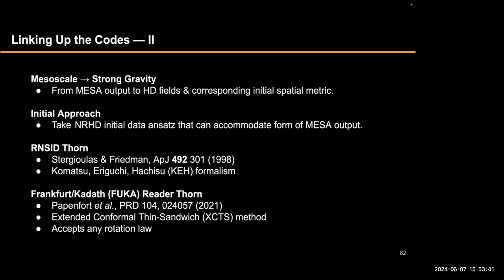It's also far more modern and uses a more advanced method. And one of the beautiful things is that FUKA accepts any rotation law that we provide to it. So in principle, we can create more types of initial data than RNSID can. But again, we're still in a phase of just doing the easiest, or at least the simplest, thing we can think of, right?